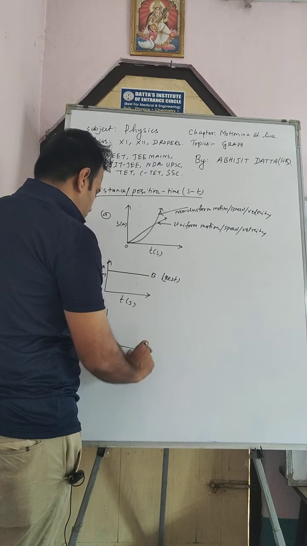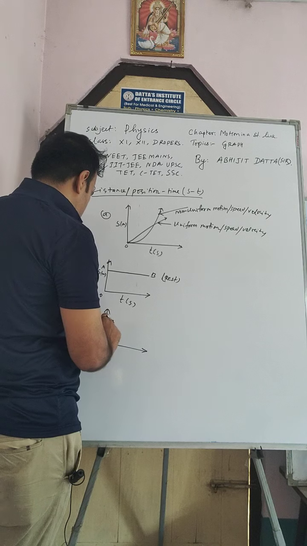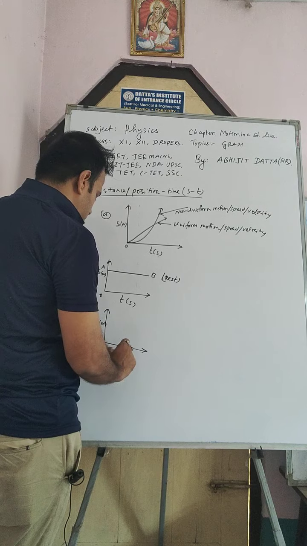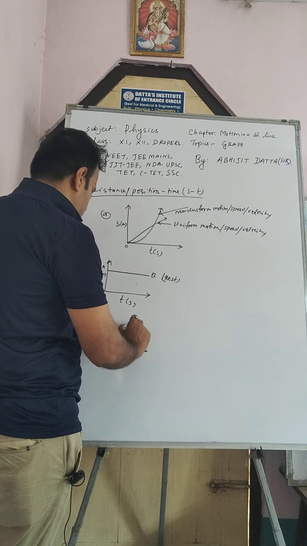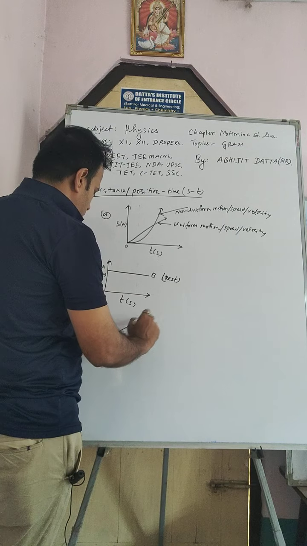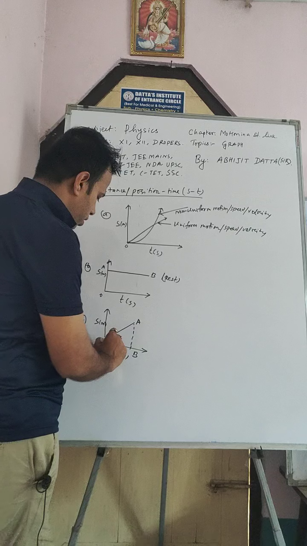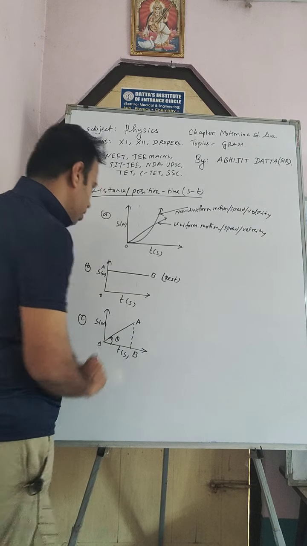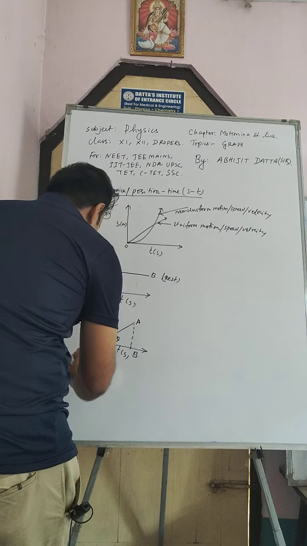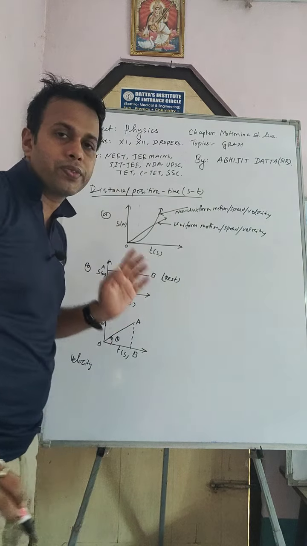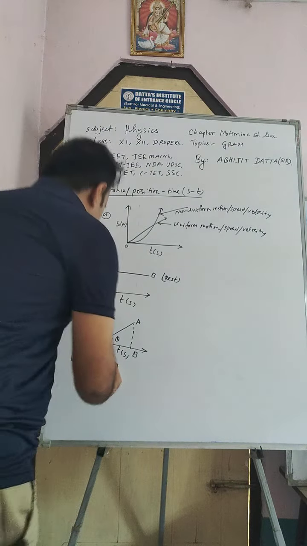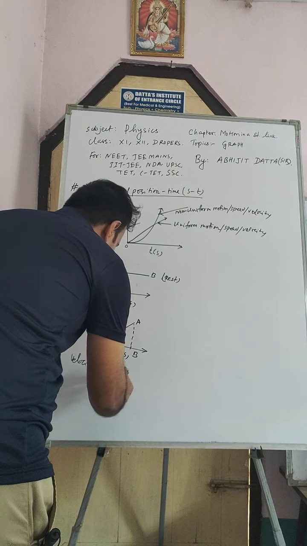Another graph: suppose this one is S, and this one is time in seconds. There is A, there is B, and this angle is theta. From that we can find velocity if it is a displacement time graph, and speed if it is a distance time graph.